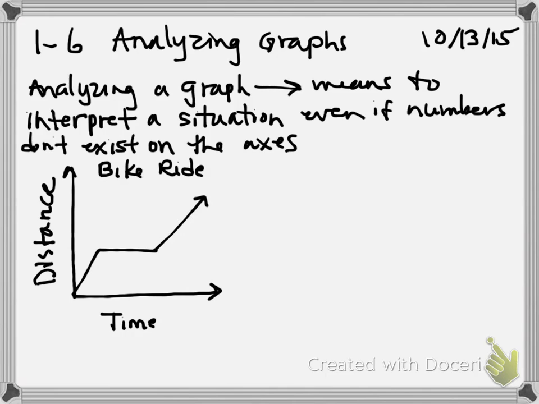Okay. So this particular graph represents a ride that a student did on her bike. And our job is to try to figure out what happened in the ride. So what we're going to do is look at it as pieces. So what happened in the red piece?